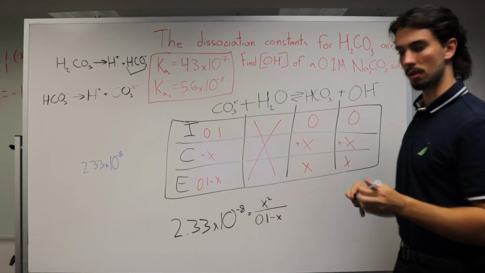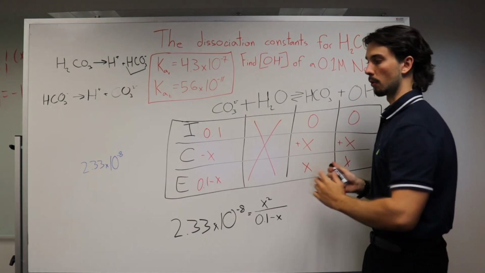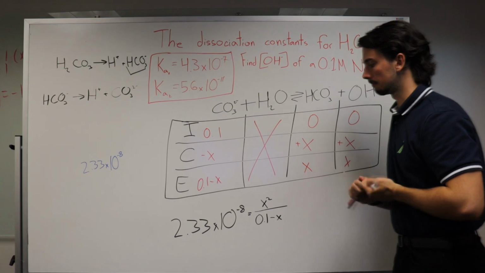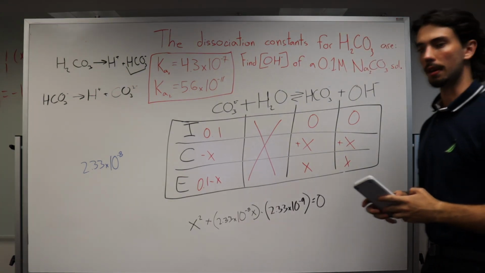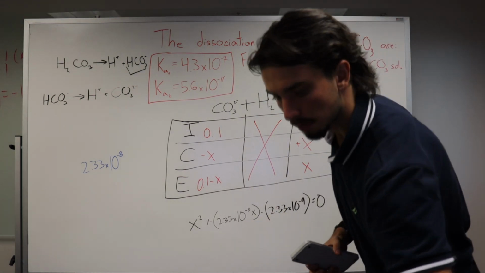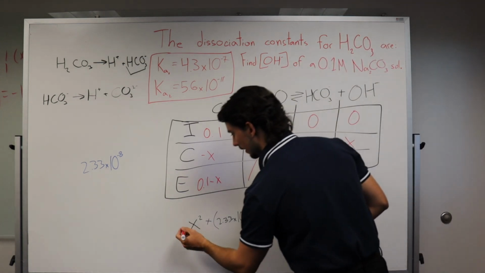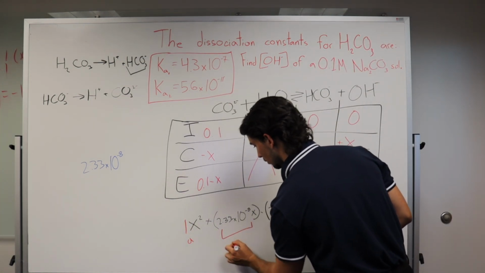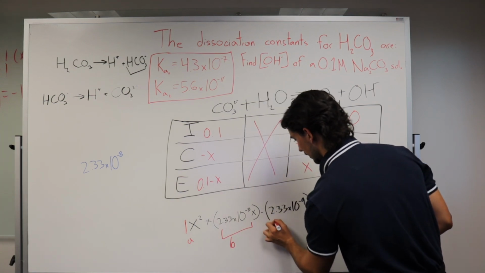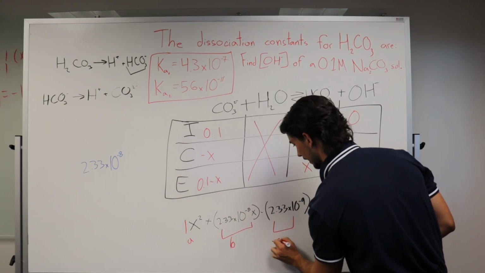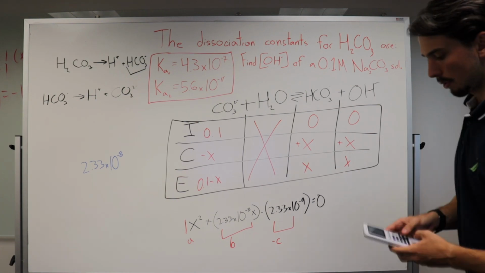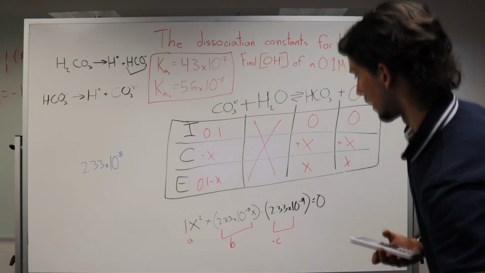Now we're going to rearrange this formula to get that quadratic formula, ax squared plus bx plus c is equal to 0. Now that we've manipulated that formula into giving us our quadratic form, we know that our a is just going to be 1, this will be our b, and this will be our c, negative, since we're subtracting. Now once we put that into the formula, it's going to give us 2 x values.